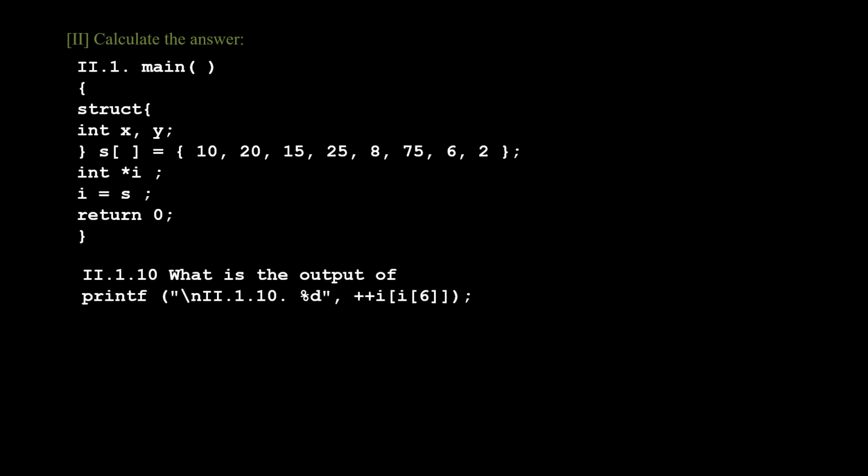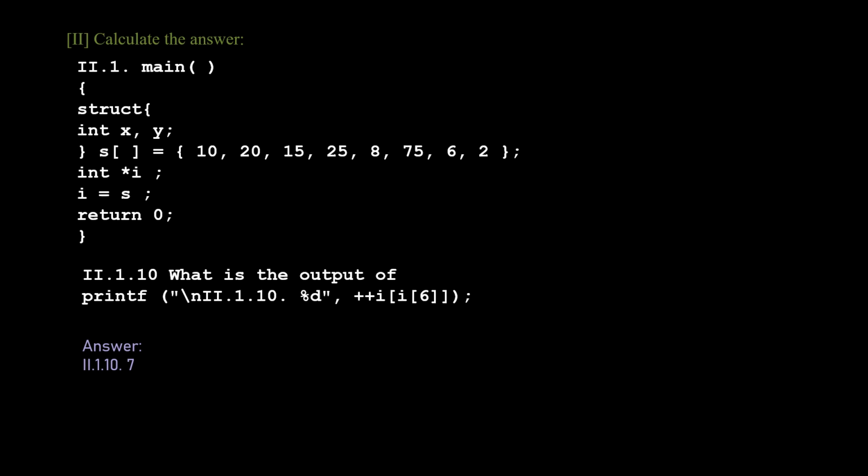Plus I[6]. So let me start the timer. Okay, let's see the output. Output is 7. So I[6] is value 6 here.